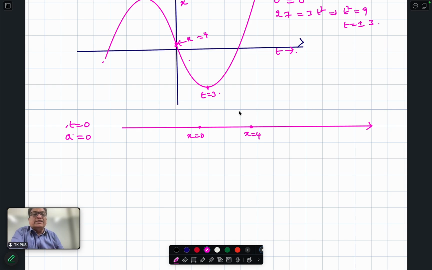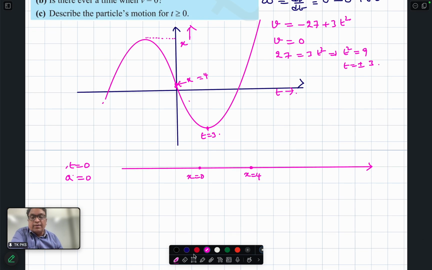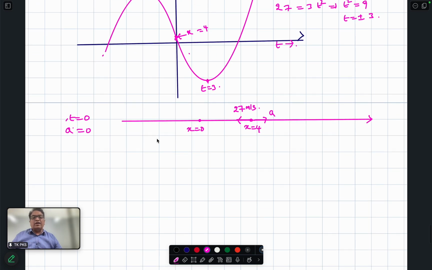The particle is having positive velocity. Put t is equal to 0, negative velocity, sorry. The particle is having negative velocity, 27 meter per second in this direction, but it is having acceleration in this direction. So what happens is that this particle will move in the reverse direction.